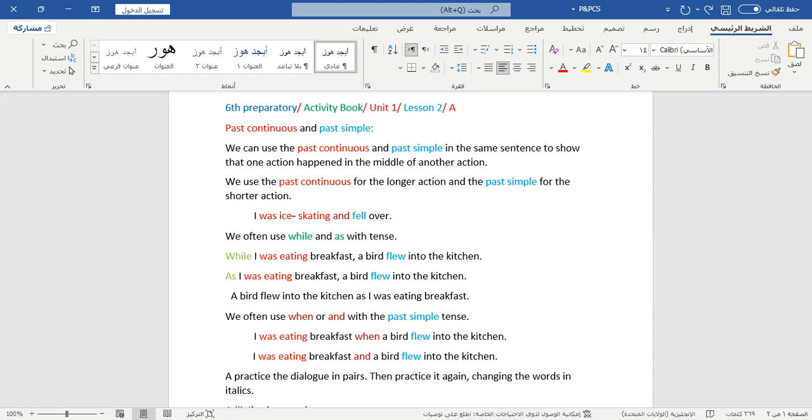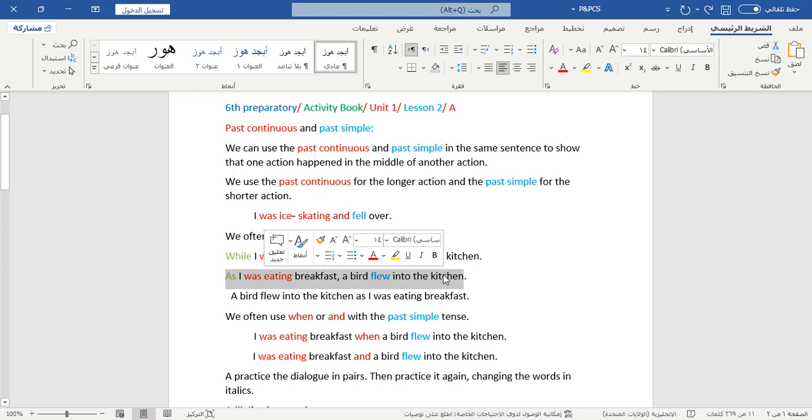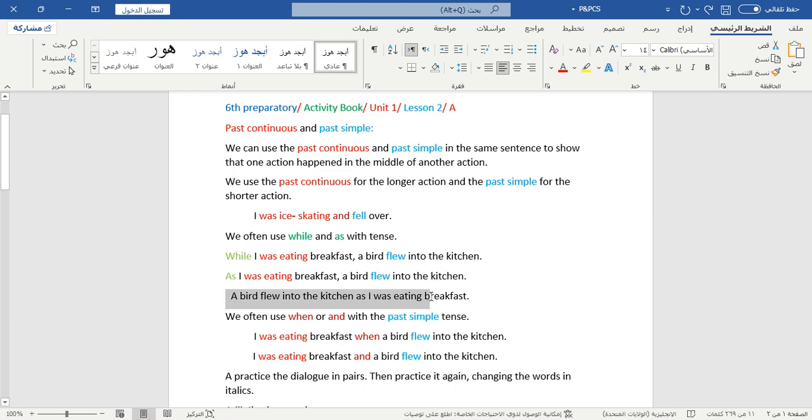We can write this sentence in this form, and at the same time, we can write the sentence in this form. What's the difference between the two forms?